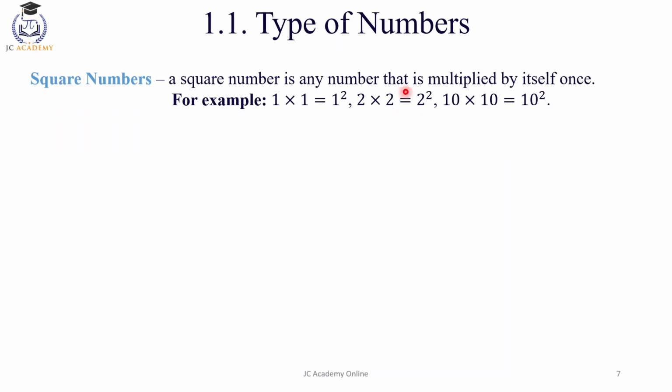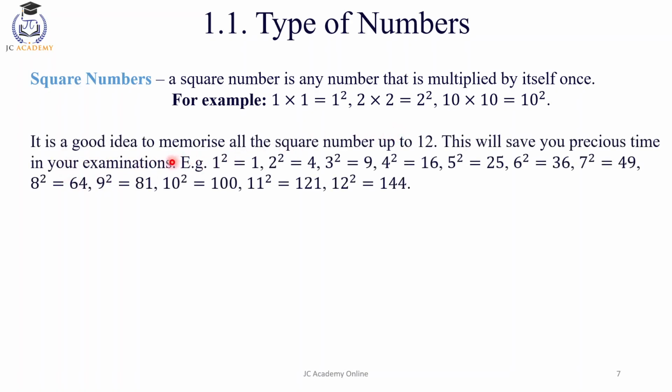Okay, so these are square numbers, any number that is multiplied by itself once. To denote square numbers, we have that little 2 as the superscript. Okay, so we have the 2 as a power next to the number that is a square, to signify that it is a square number.